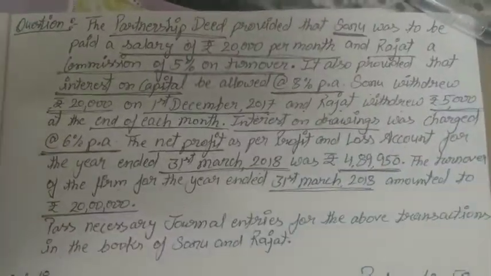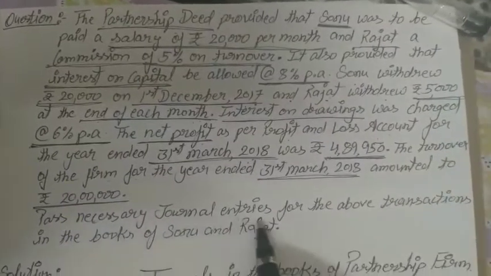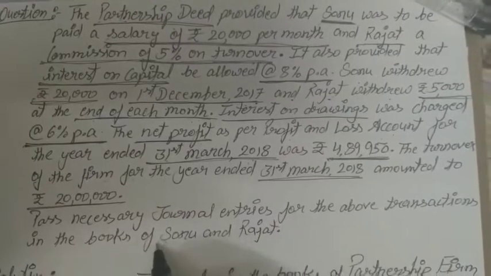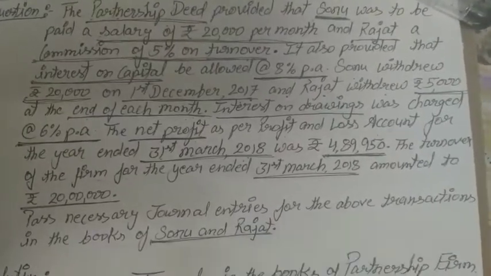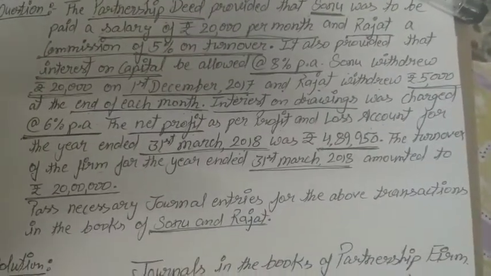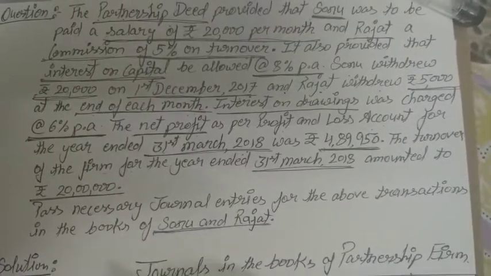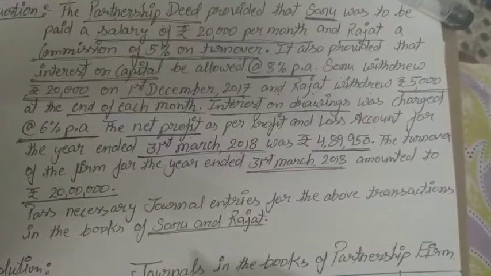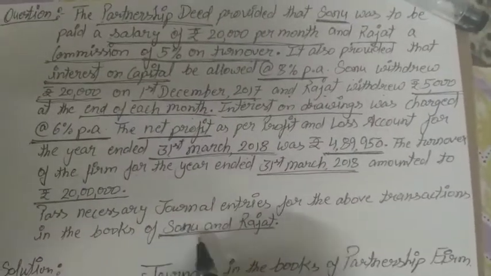Next one. Pass necessary journal entries for the above transactions in the books of Sonu and Rajat. There are two partners. We have to pass entries for both the transactions.